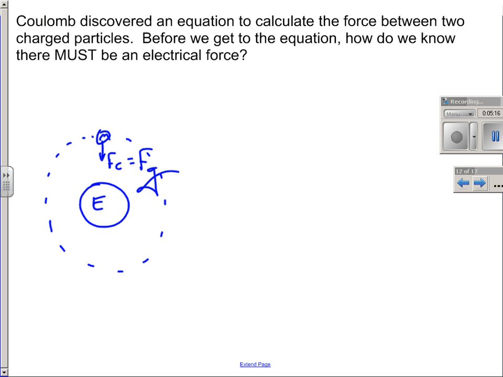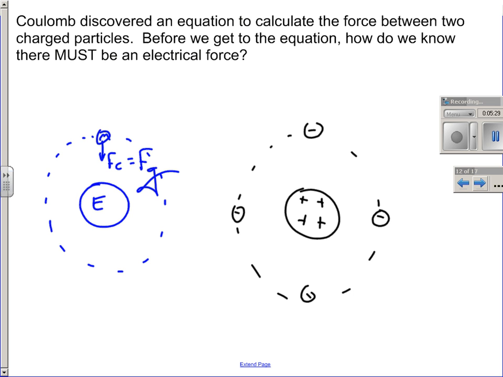So think about the atom we just drew. The atom we just drew had 4 protons and little electrons floating around the outside, right? And much like the moon orbits the Earth, the electrons are orbiting the nucleus. And the same rationale holds. The electrons want to go in a straight line. There must be a force pulling them inwards.